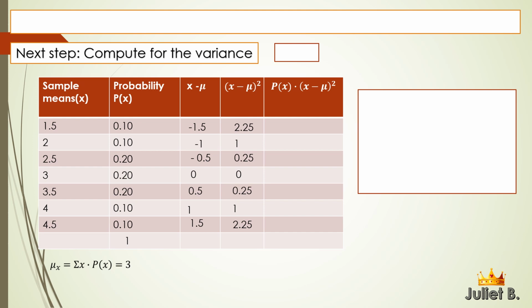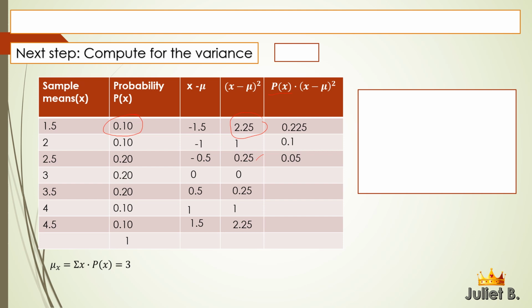Next, we multiply these by the probability. With this, 2.25 times 0.10 is 0.225. 0.10 times 1 is 0.1. 0.25 times 0.20 is 0.05.